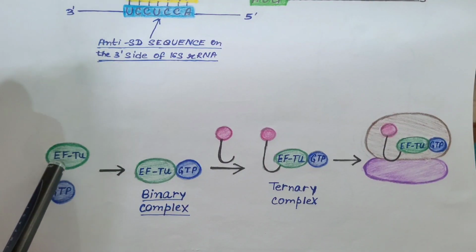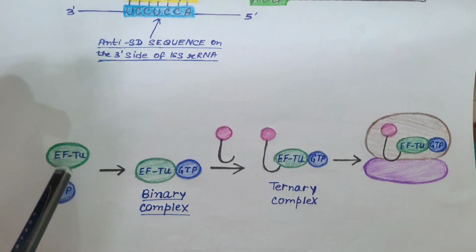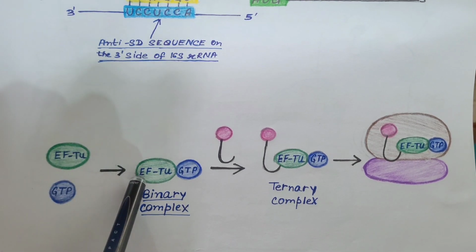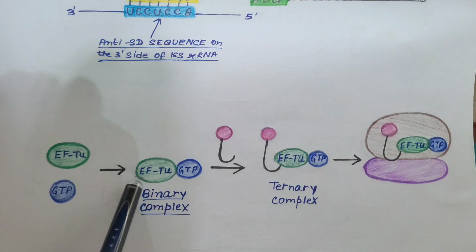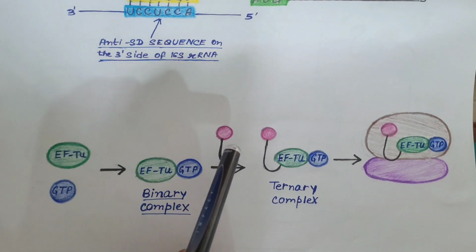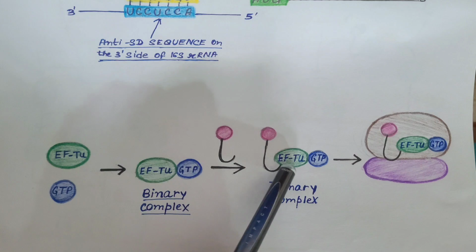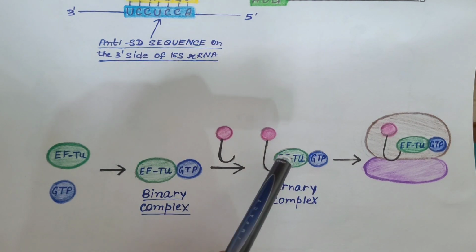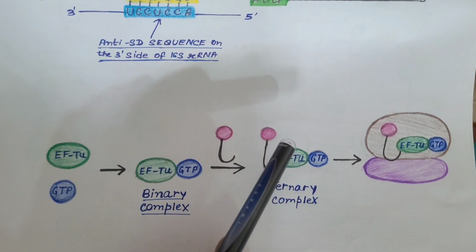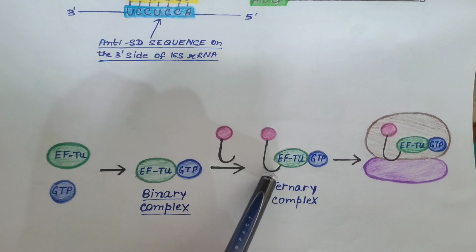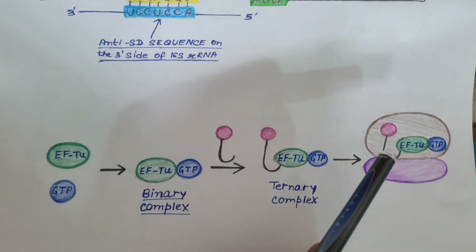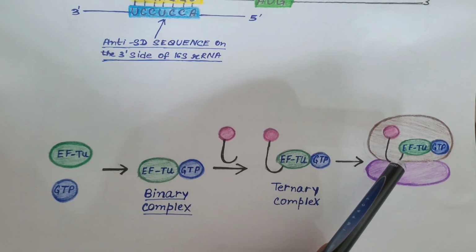So before the process, EFTU and GTP are free. Then EFTU binds GTP and forms a binary complex. Then it binds with aminoacyl transfer RNA and thus a ternary complex is formed. This EFTU GTP then mediates this aminoacyl transfer RNA to the A site of the ribosome.